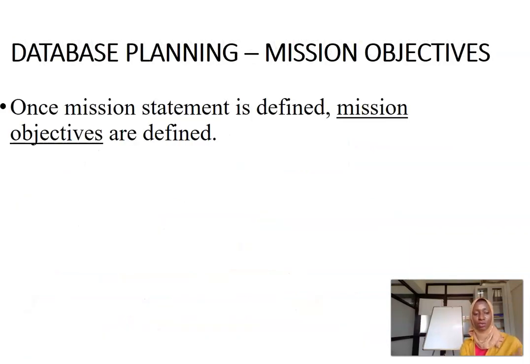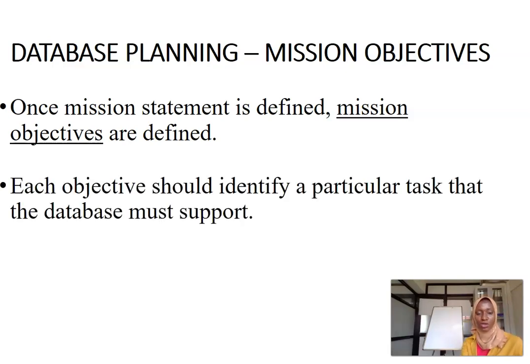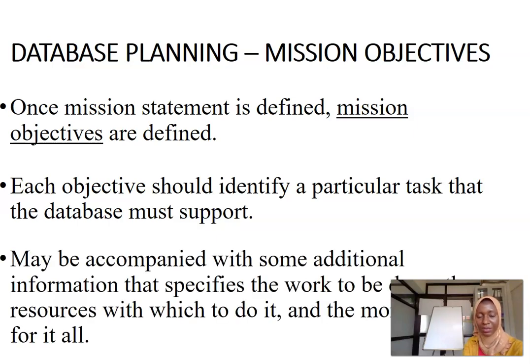So after defining your mission statement, you have got to define your mission objectives. The objectives are what you use to break down the global statement into tiny achievable statements that could be in the form of tasks. Each and every objective should be defined such that you can achieve a particular task, or it helps us in identifying the particular tasks that the database is going to support.